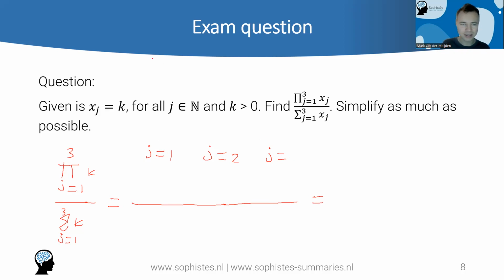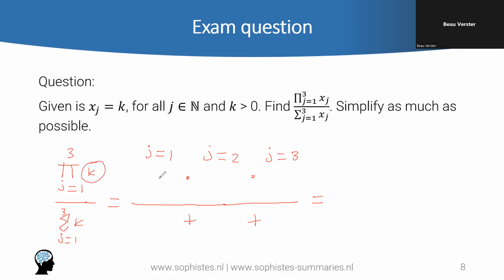Okay, great. What kind of sign will we have in between in the numerator? Times. Yes. And in the denominator? Plus. Yes, very good. If the j is 1, what is then the value of this expression? Yeah, that was a thing I didn't understand.